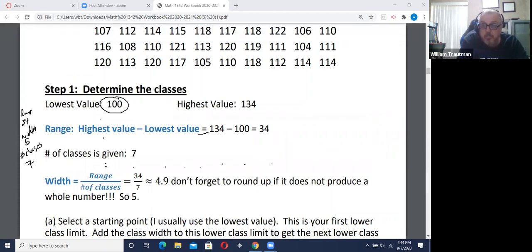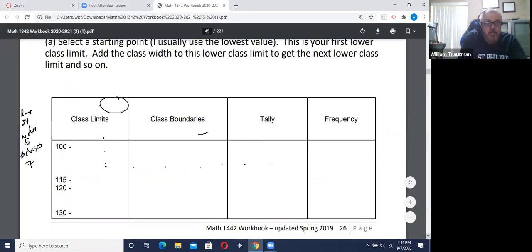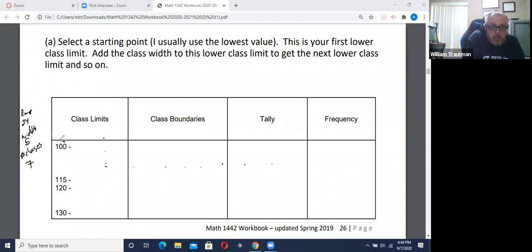That's our starting point. So here, our starting point is 100. Start with the smallest piece of data, the lowest data point.